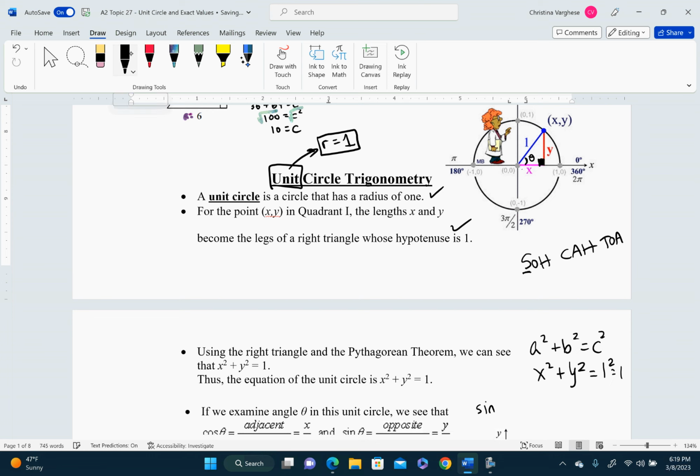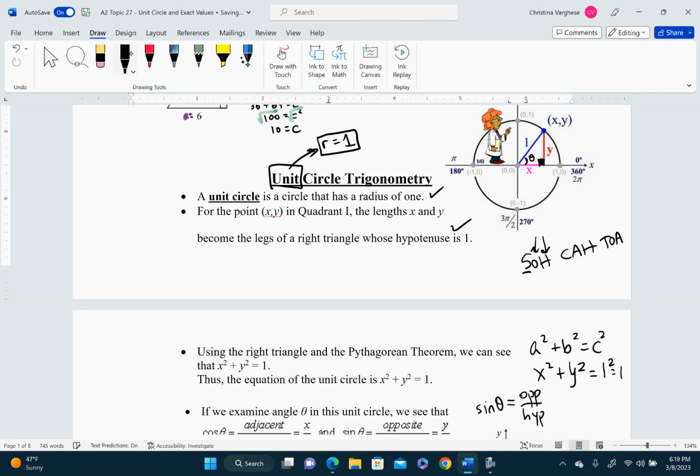Sine of the angle is equal to the O, which stands for opposite, the side that's opposite the angle. So sine of theta is equal to opposite over H, which stands for hypotenuse. So let's plug that in here.